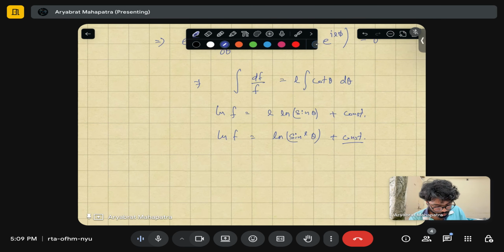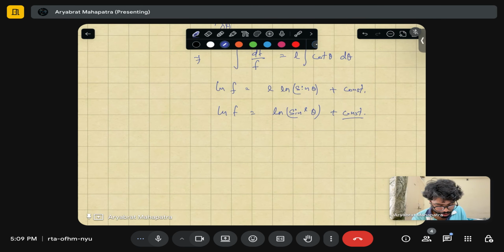So from here you get what f is. You write that constant as, let's say, k. Then you have ln f equals ln sine theta to the power l, plus k.